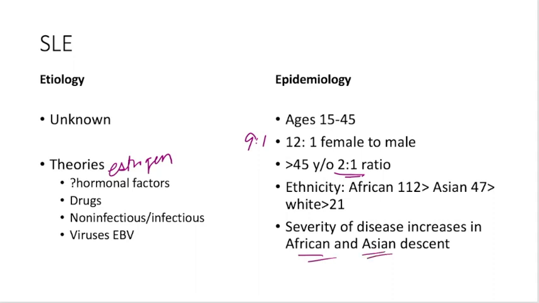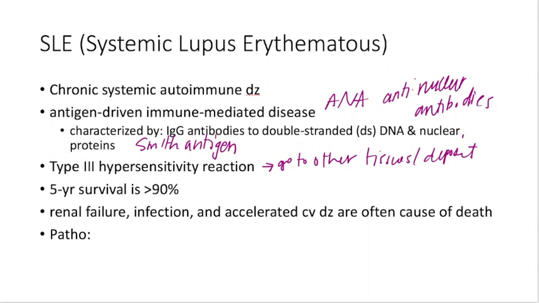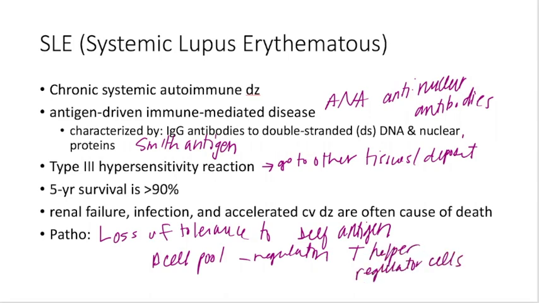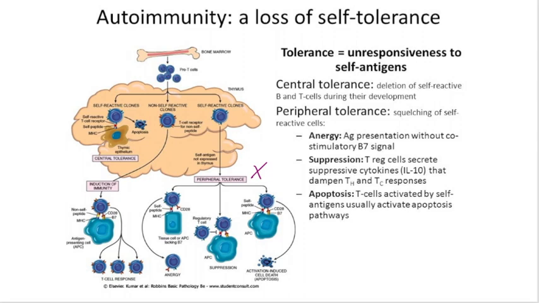So that's high yield. When we look at the pathophysiology, we have those genetic contributions, the loss of tolerance. So basically loss of tolerance to self-antigen, the B cell pool by several mechanisms, and then also regulation of the T helper cells and T regulatory cells. And that all goes back to this entire process. So regardless of what autoimmune disease we're talking about, it is related to these self-reactive clones getting out and depositing in other tissues.